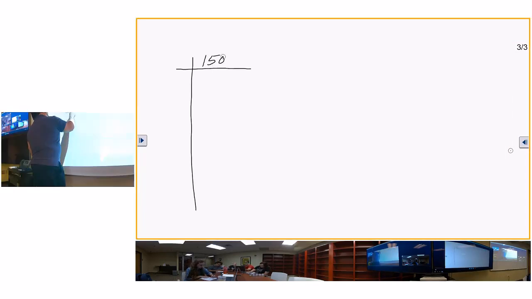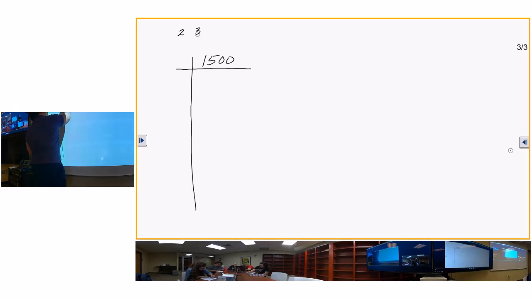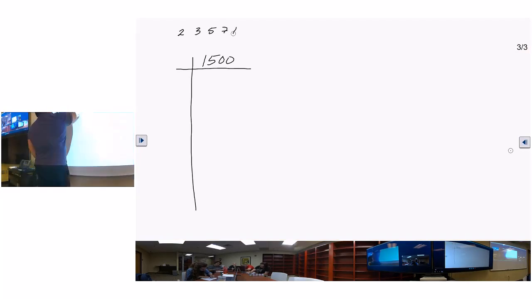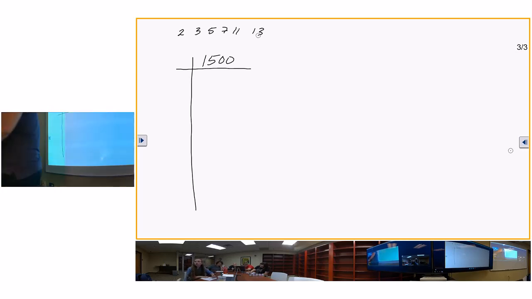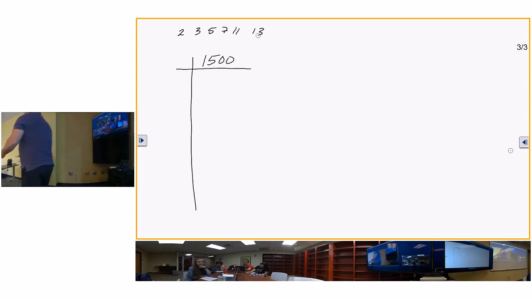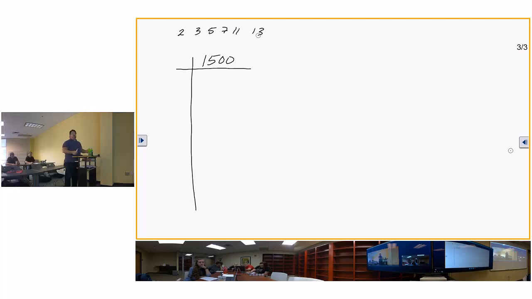1,500. 2, 3, 5, 7, 11, and 13. Now it does not matter which one you divide by first. If you want to divide by 3 to make it easier, because 3 will go into 15 how many times? 5 times, right? So that's 3 times 500. If you want to knock it down to something more manageable, do that.